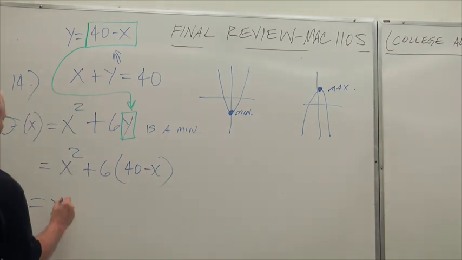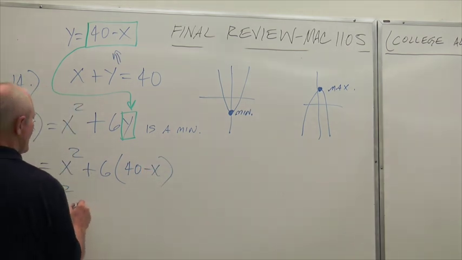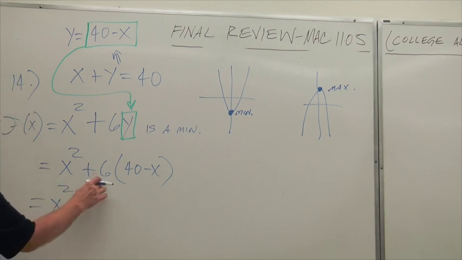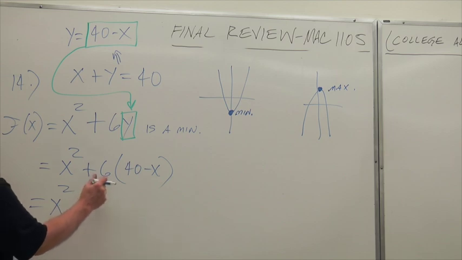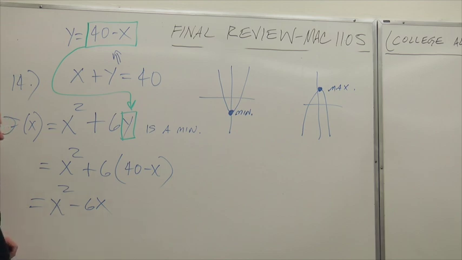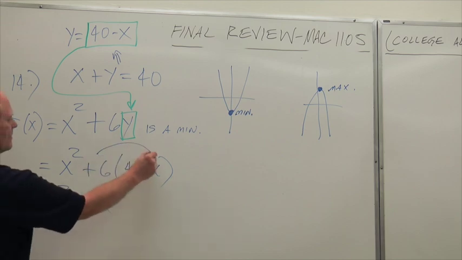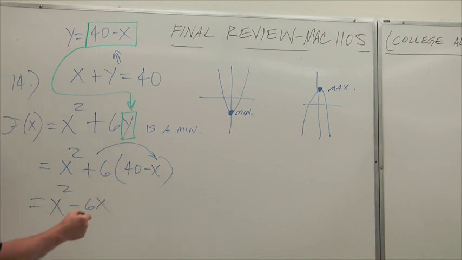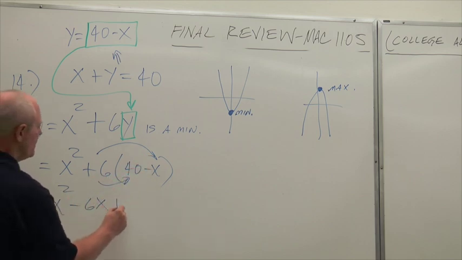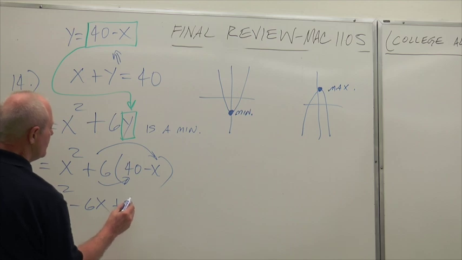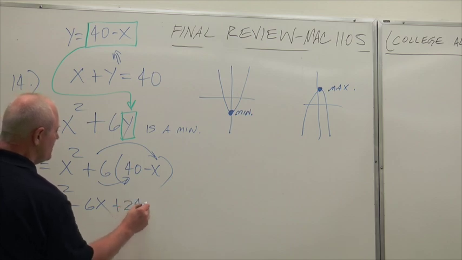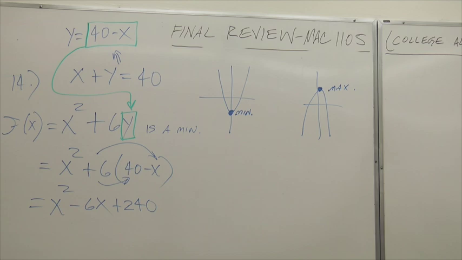But that becomes x squared. Now what I'm going to do is, because I see where this is going towards a quadratic, 6 times negative x is negative 6x, isn't it? Yes? I'm going backwards distribution, and this is plus 6 times 40, which is 240. Is that good?